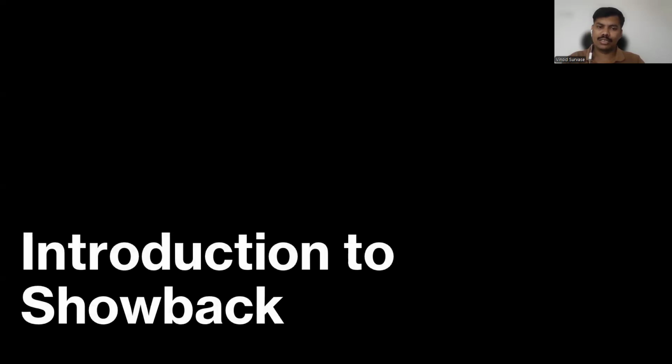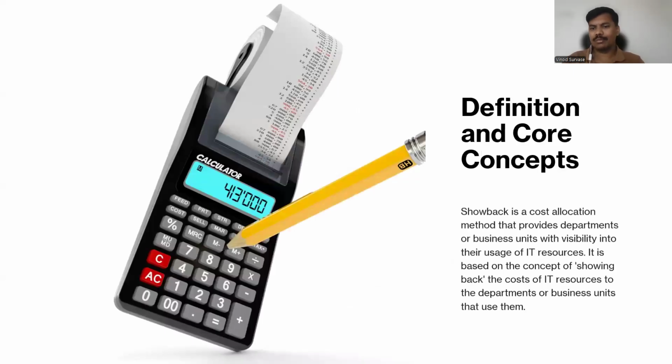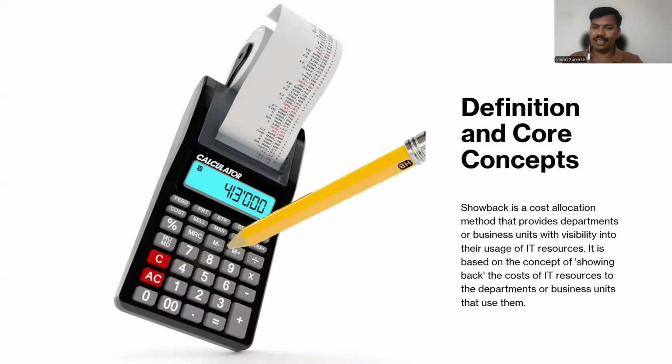So, introduction, right? Here's the basic definition. What is showback? If anyone asks you, or maybe you might ask someone, what is showback, and what is the core concept? What does it mean when we say showback?